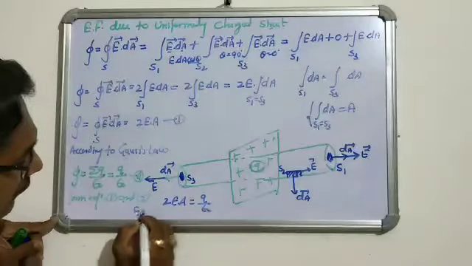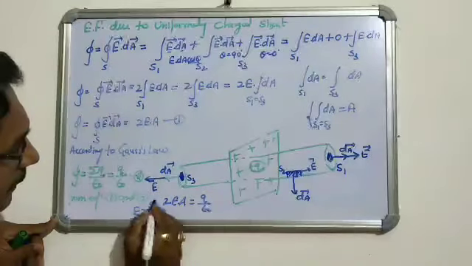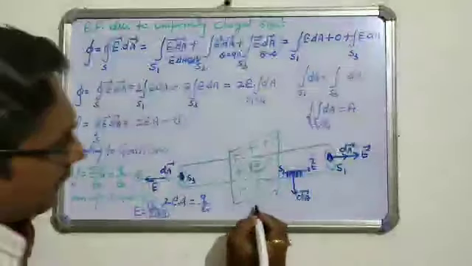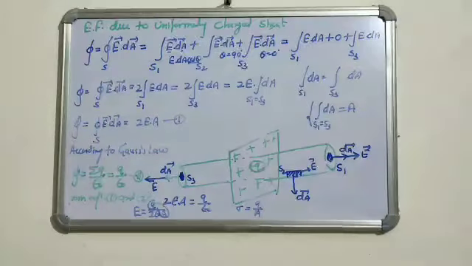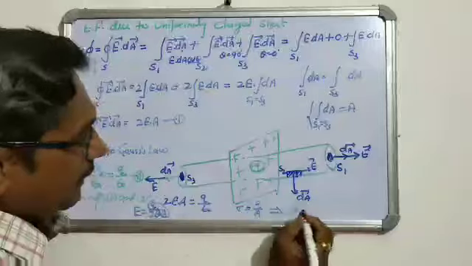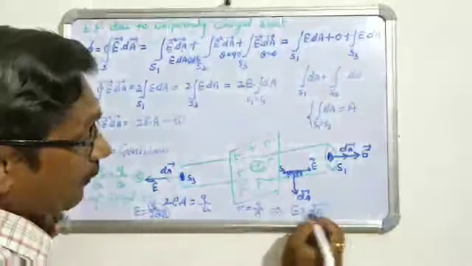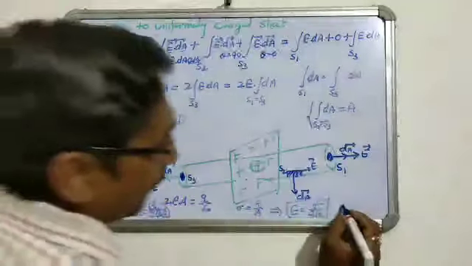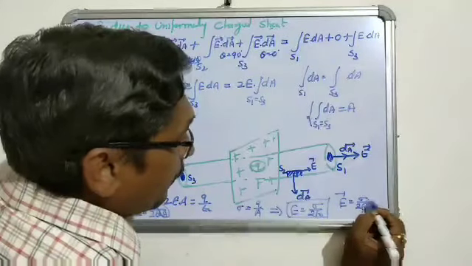So E is equal to Q upon twice epsilon naught A. Here Q by A is equal to the surface charge density. So the formula is E equals sigma upon twice epsilon naught. Now the vector notation of this is sigma upon twice epsilon naught n cap.